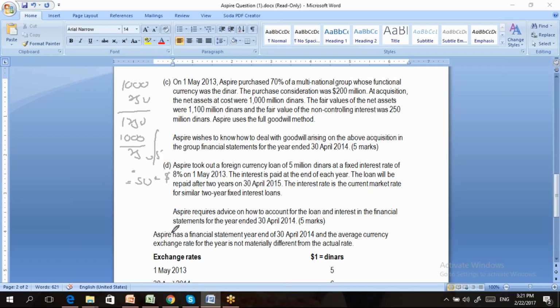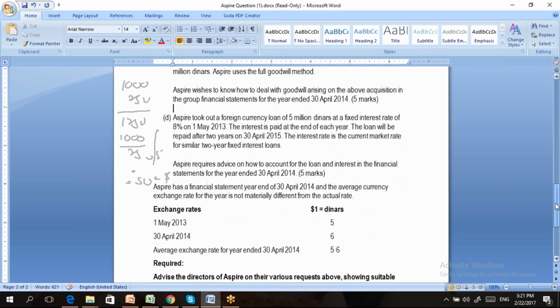So we have now got our goodwill at that amount. Now we have to see what the goodwill is at the end of the period. We have the same goodwill, no impairment, so the goodwill is 250. Now we have to calculate the goodwill at the closing rate of 6.